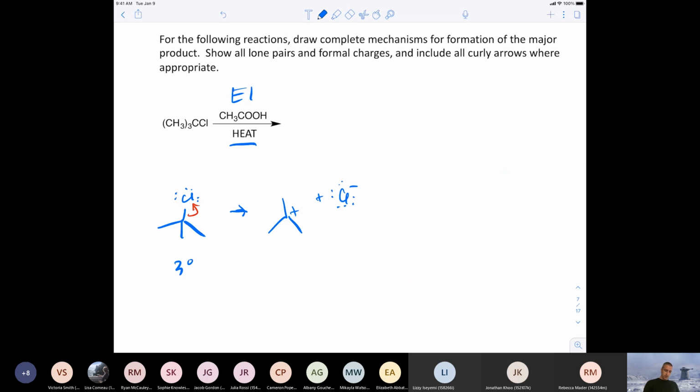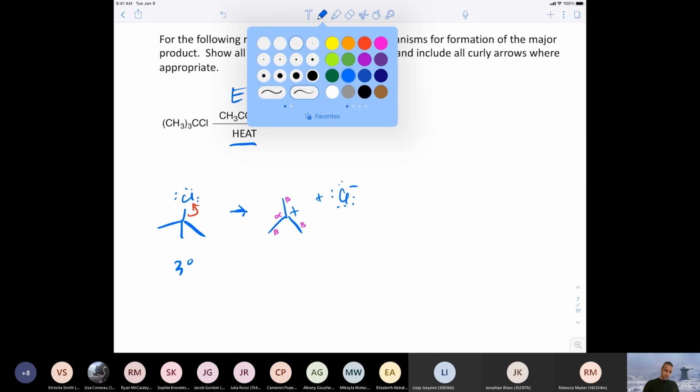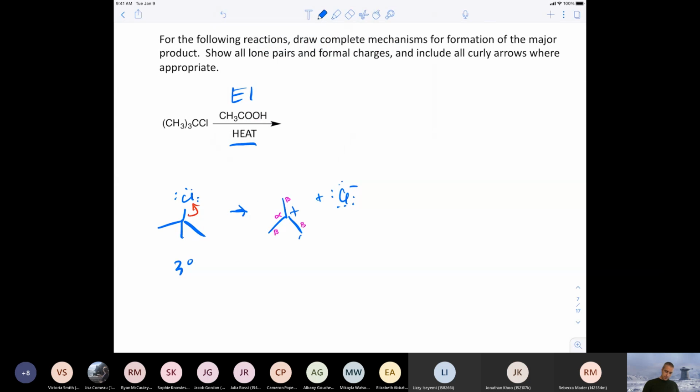E1 does elimination. So that means it removes a hydrogen from a beta carbon. Alpha, beta, beta, beta. It's a tertiary carbocation. We need to pick any one of our beta carbons. It doesn't matter which, because they're all the same. They're all CH3s. And I'm going to just draw the hydrogens out on one of them.